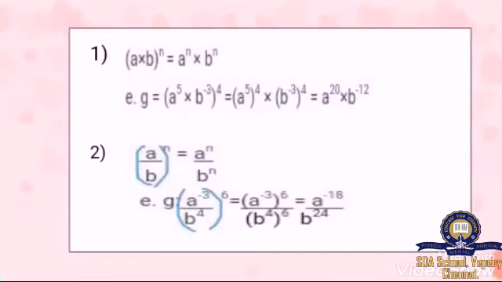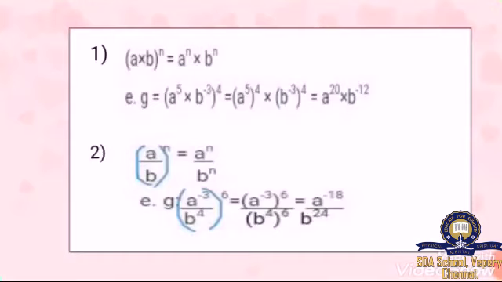According to the previous law of exponents, we are going to multiply the powers. So we get a to the power 20 into b to the power minus 12.